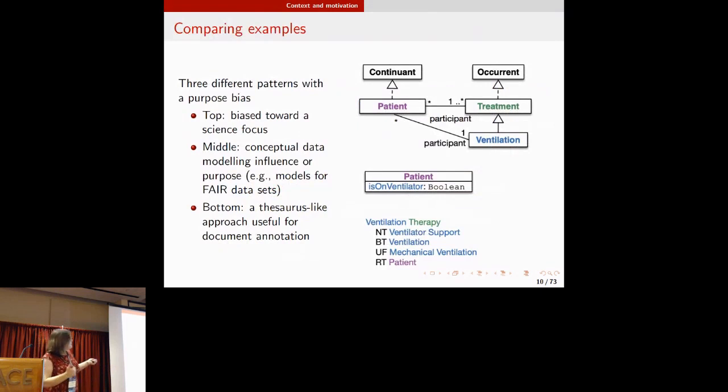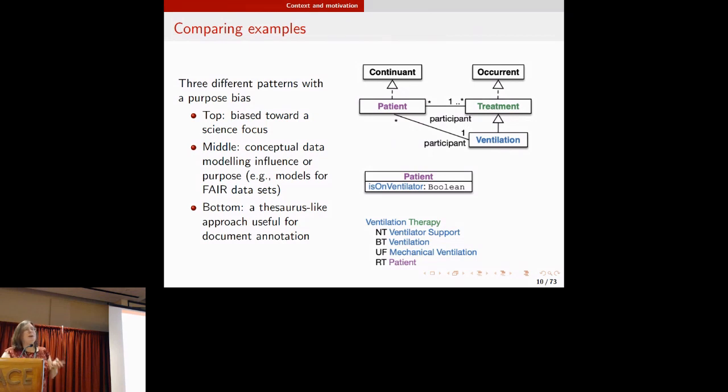Comparing examples here as well, if you look one step towards application, there are different intuitions on what would be nice in our ontology, or the shape of our ontology. At the top, you can see a more precise representation that is biased towards a science focus, to be as detailed as you can. Whereas in the middle, there is a more compact representation of the same information, about the same subject domain, or the same meaningful unit. It's much more compact.